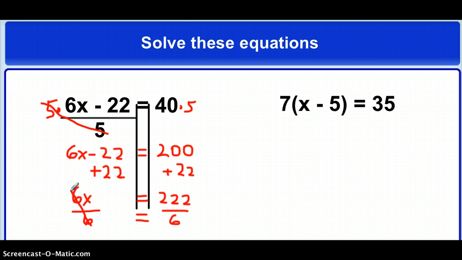So now we're getting somewhere. On the left, we just have x left. And on the right, we're going to have 222 divided by 6, which looks like that's going to equal, so we'll just have x equals 37.